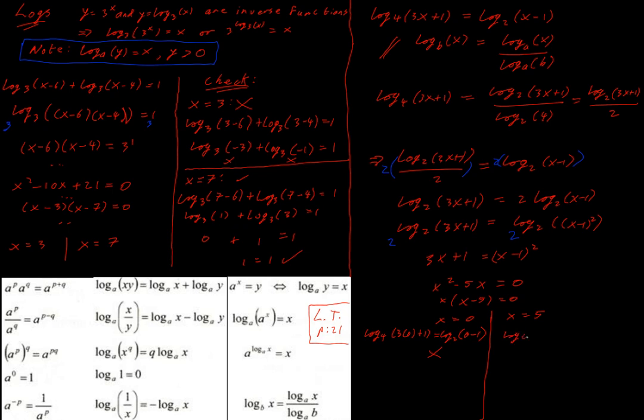So I try x equals 5. I get log to the base 4 of 3 times 5 plus 1 equals log to the base 2 of 5 minus 1.